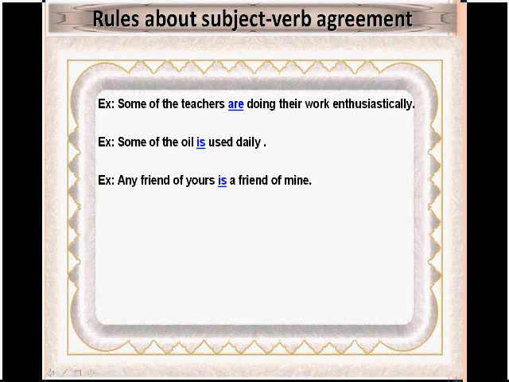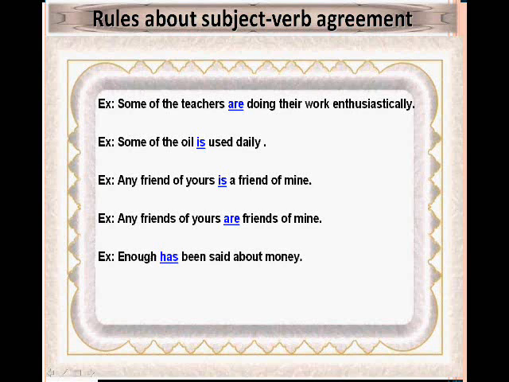Any friend of yours is a friend of mine. So here we have of course, we have any. And friend is a singular countable word. Then I had the verb is in the singular case. If I have any friends of yours are friends of mine, then here, because I have the word friends after any, and this is plural countable word, then of course I change the verb into the plural, which is are.